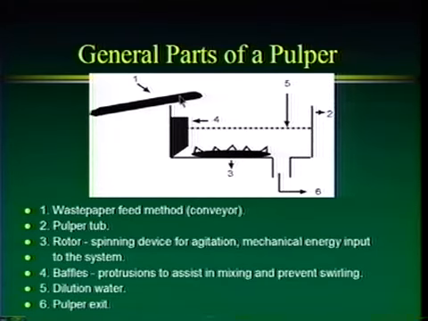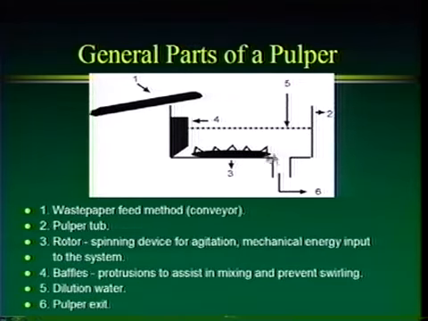Usually it's an inclined conveyor, and at the inlet entrance is a warehouse, and operators will break open bales and push the bales onto this conveyor, or they'll put actual bales onto the conveyor, and there'll be wire cutting processes to cut the wires. So the conveyor conveys the recovered paper into the pulper.